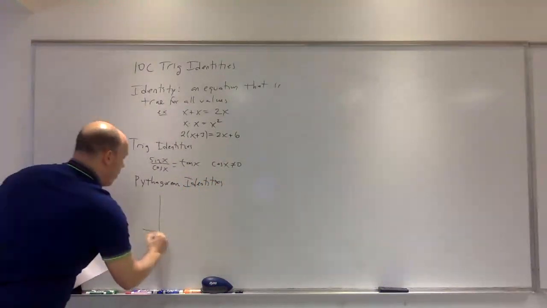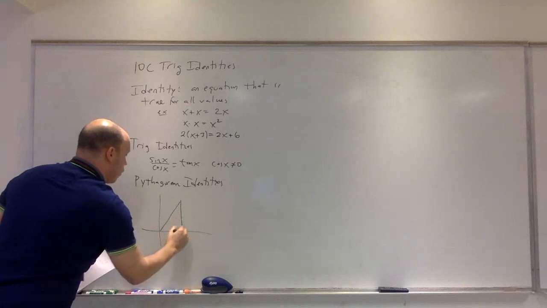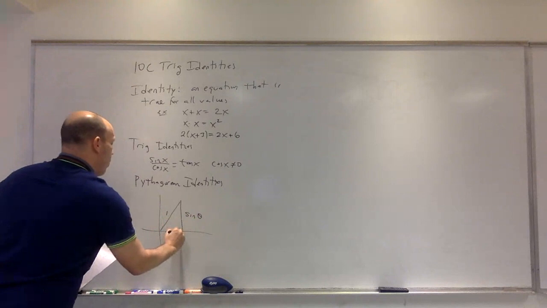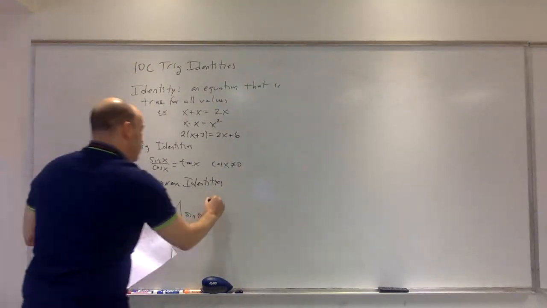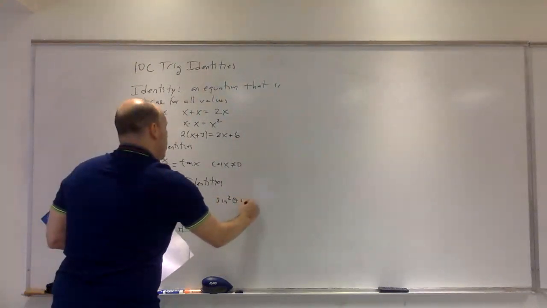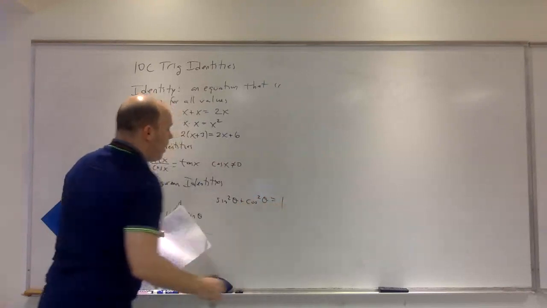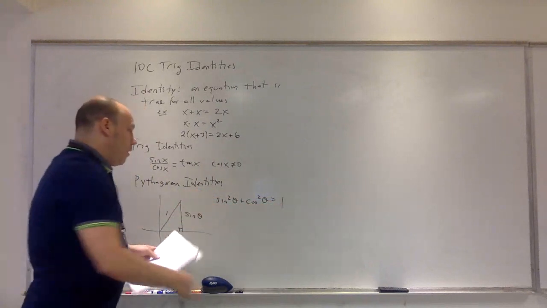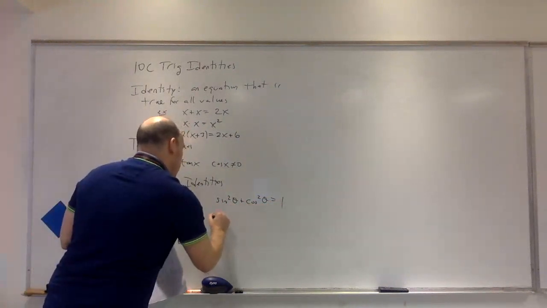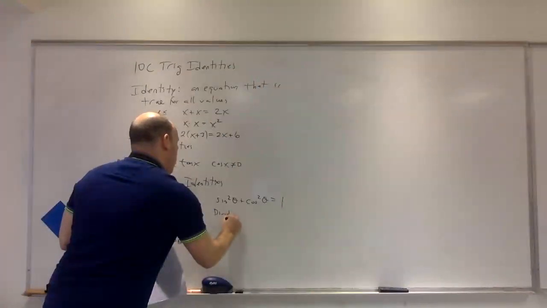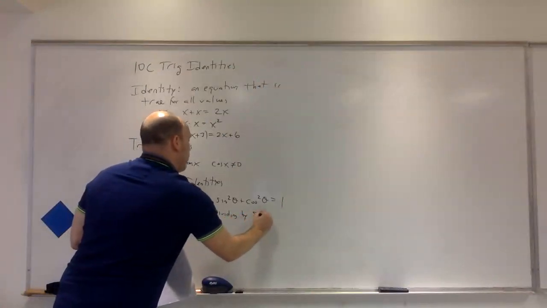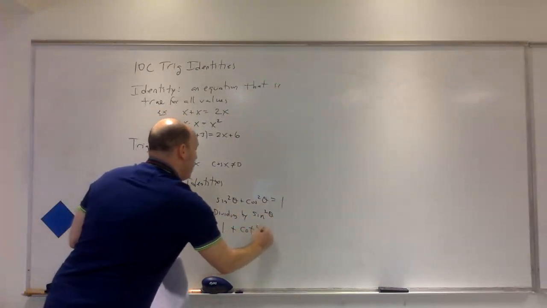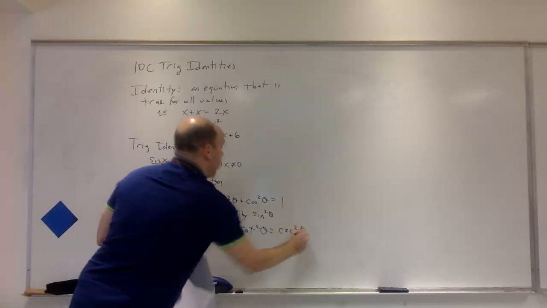Let's remember, we had our unit circle. This was sine of theta. This was cosine of theta. This was 1. And so we were able to create sine squared theta plus cosine squared theta equals 1. Then, if you recall from last unit, I divided this equation by sine squared theta, and I got 1 plus cotangent squared theta equals cosecant squared theta.